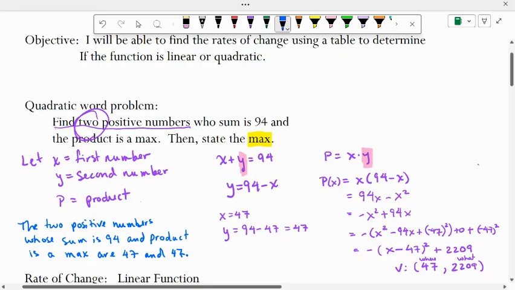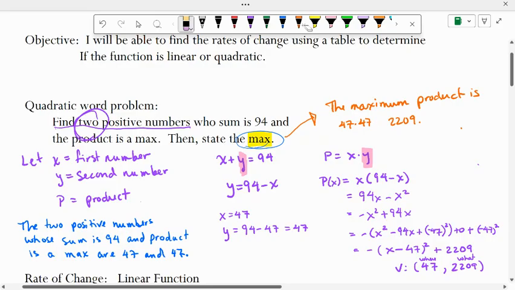And then the other question is state the max. So over here, the maximum product is 47 times 47, which is 2209.